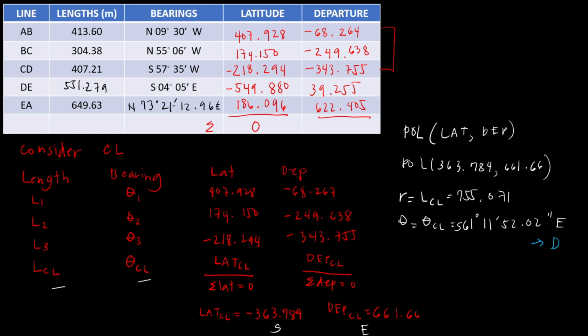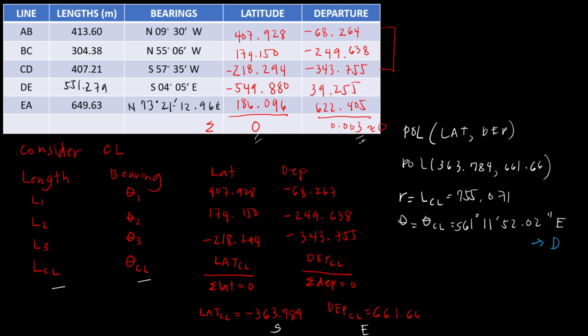And for departure, negative 68.264 minus 249.638 minus 343.755 plus 39.255 plus 622.405. Ayan. And then ang nakuha natin dito is negative 0.003. So okay naman na yan. Equivalent naman na yan sa 0. So okay na yan. Tama naman yung mga sagot natin.